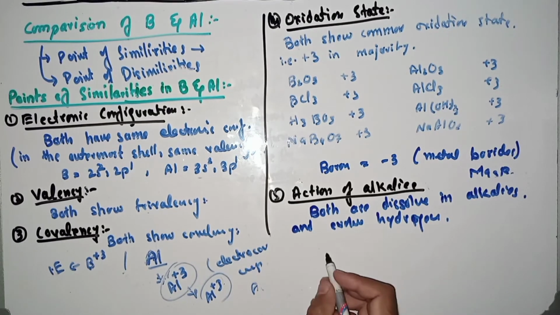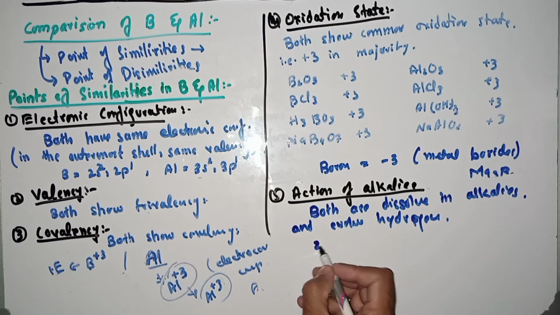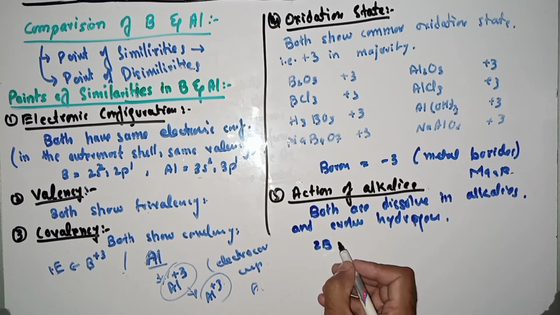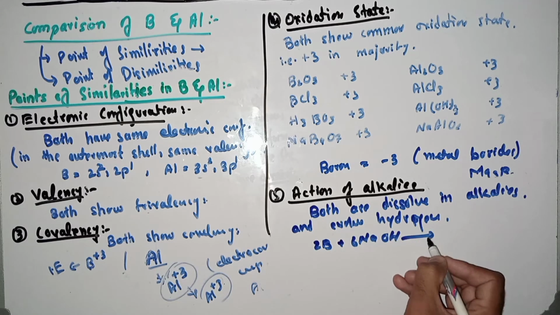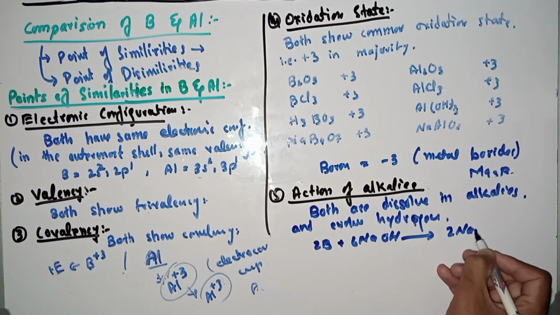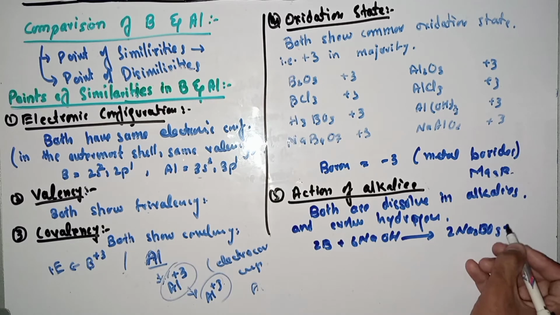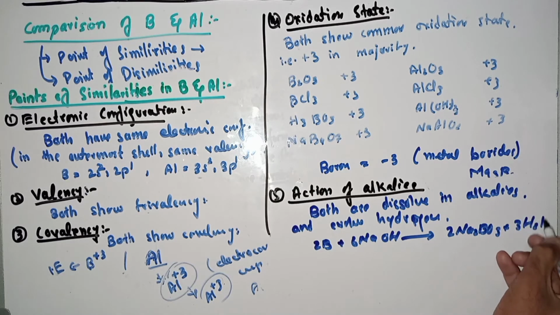For example, in the case of boron, when you add 2 B plus 6 NaOH, it generates 2 Na3BO3 plus 3 H2. H2 will be liberated, H2 will be evolved.